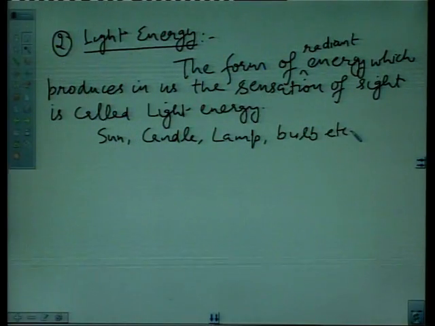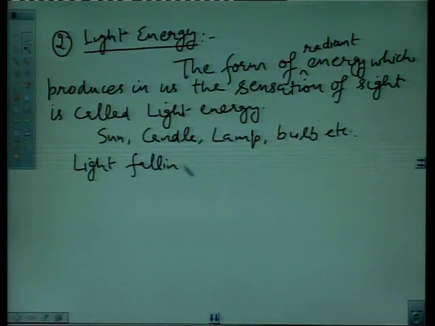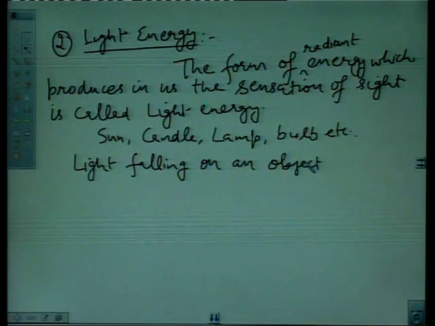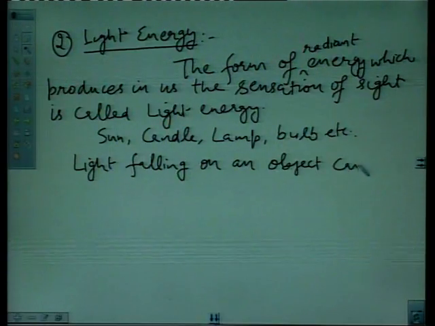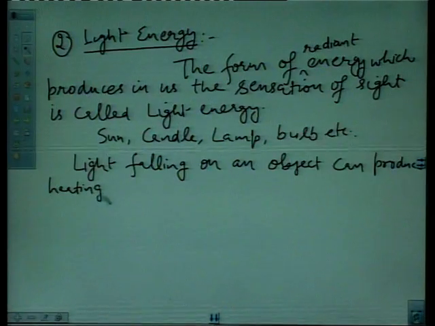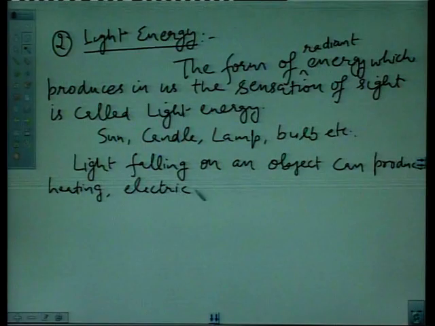Now, we have various effects of light. The light falling on an object can produce heating, electrical and chemical effects.